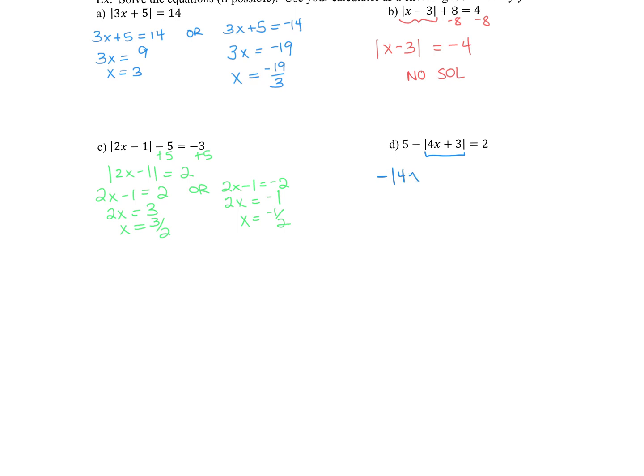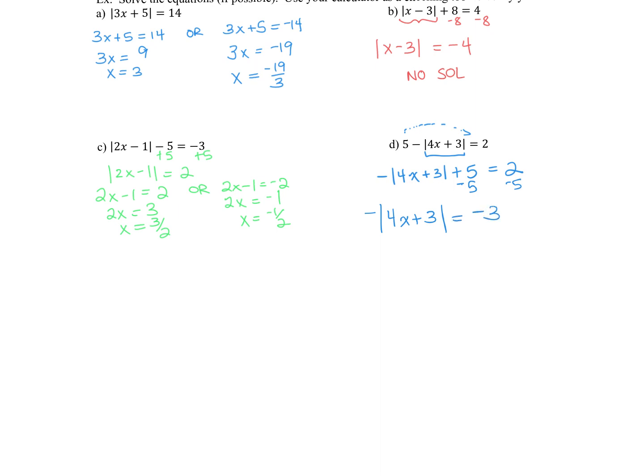The negative absolute value of 4x plus 3 plus 5 equals 2. I only did that so that I can see that this is a negative absolute value. So at this point, we're going to subtract 5 from each side. We'll get the negative absolute value of 4x plus 3 equals negative 3.